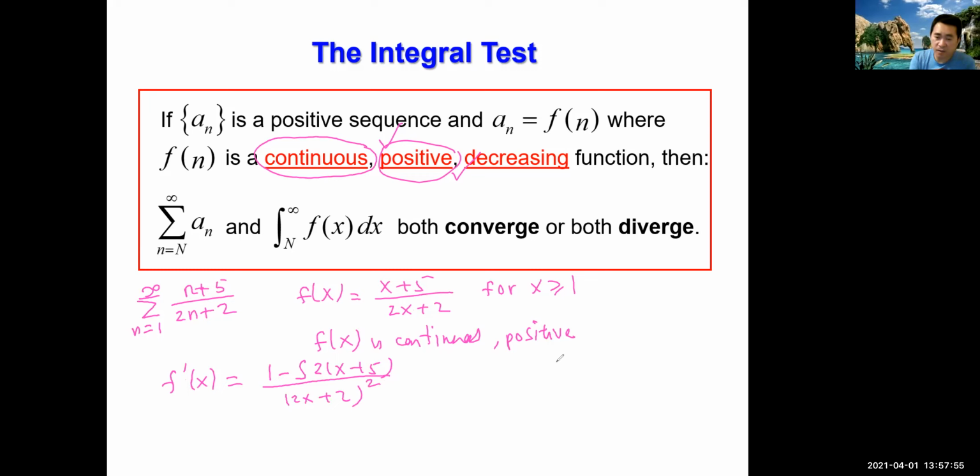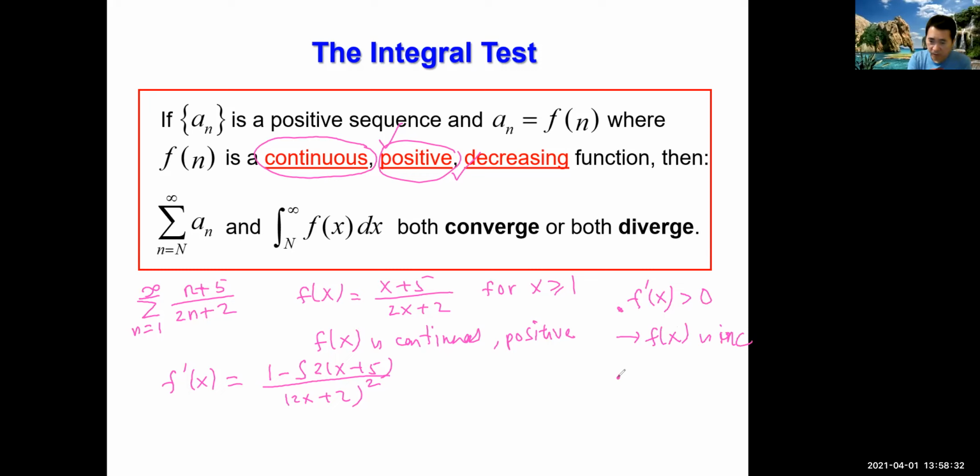Because I know that if f prime of x is positive, then f of x is increasing.